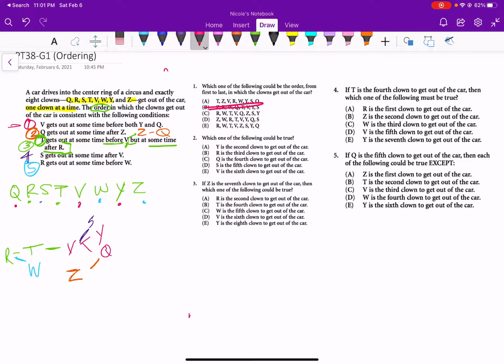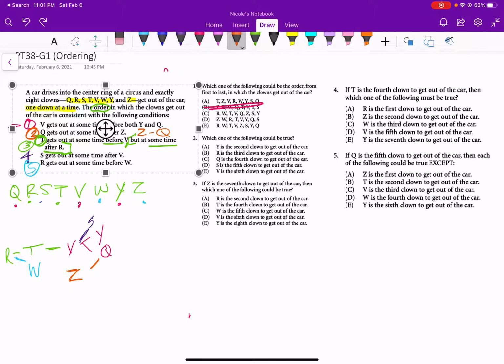Cool. 2. Q gets out sometime before Z. A does not work because we have Q last. We can cross that one off. C works. D does not work. Oh, sorry, I reread that one wrong the second time.